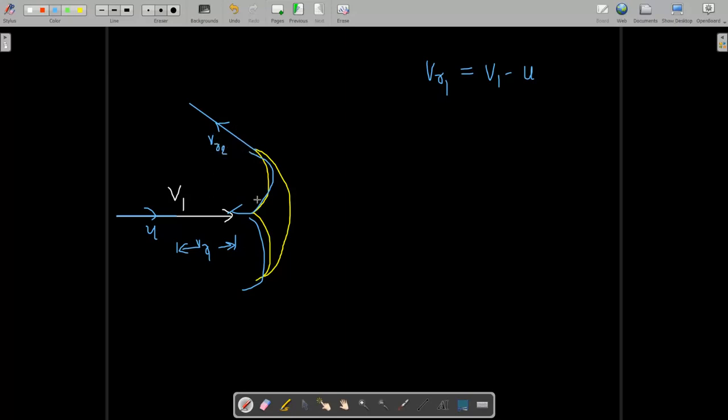Why relative velocity here? Because when the jet is striking and coming out there, there is also the rotational effect of the runner with peripheral velocity u, that is a combined effect. So this is making an angle beta 2 here with the direction of runner flow. This is the horizontal direction of the peripheral velocity, beta 2.